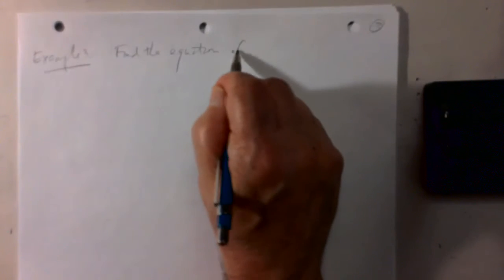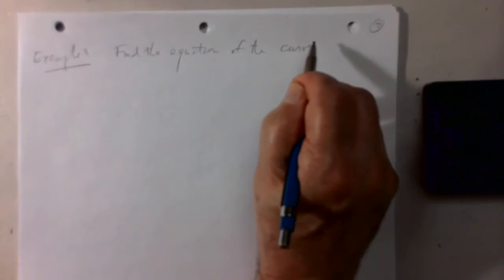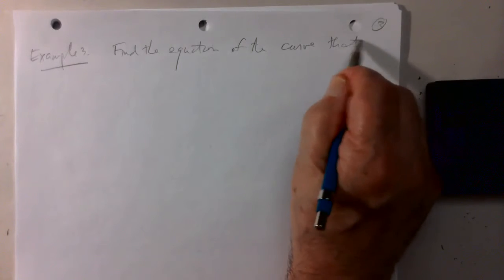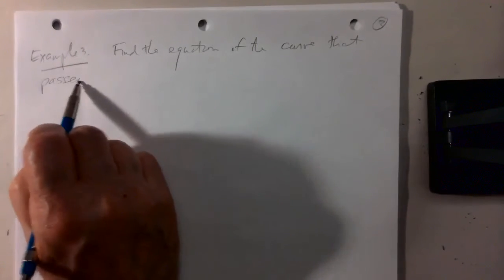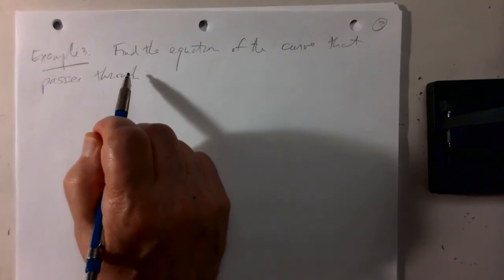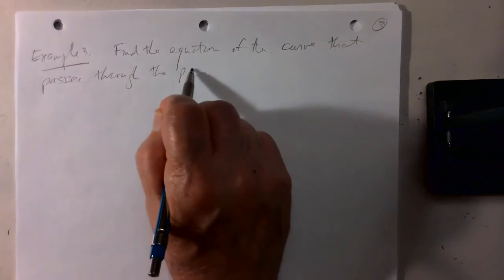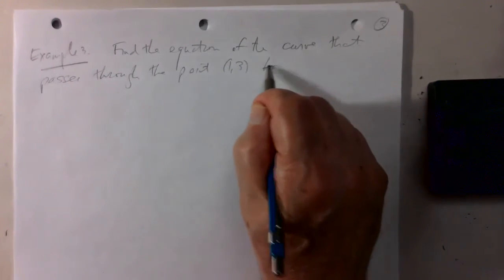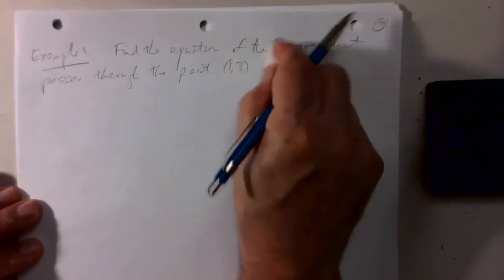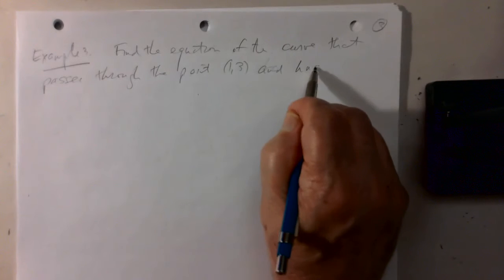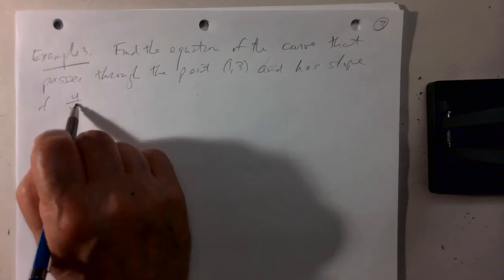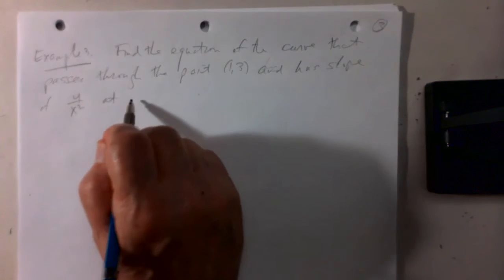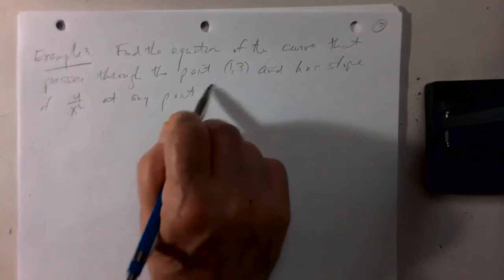Find the equation of the curve that passes through the point 1, 3, and has slope y over x squared at every point x, y.